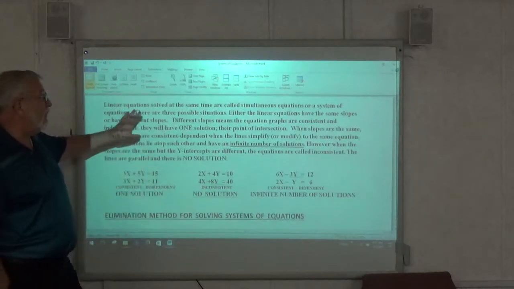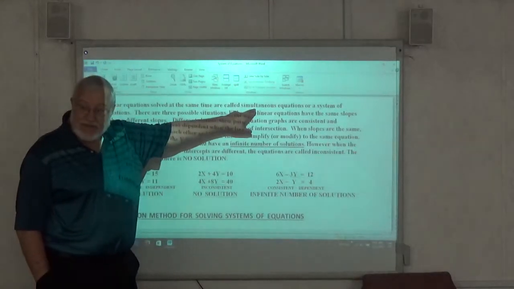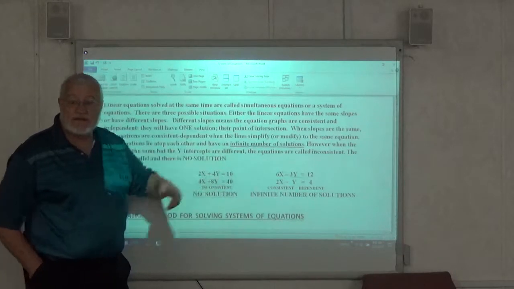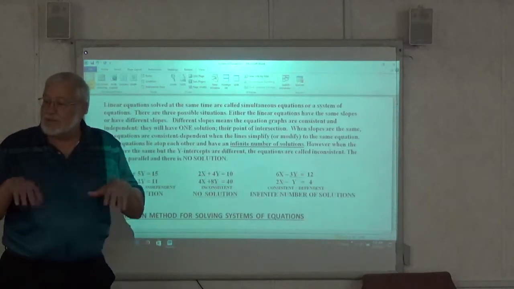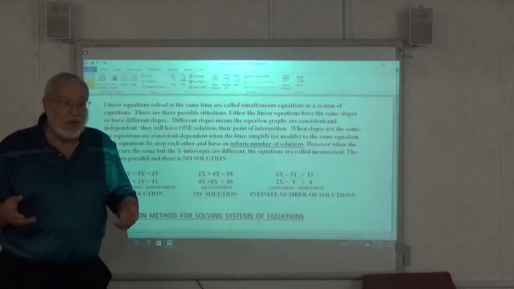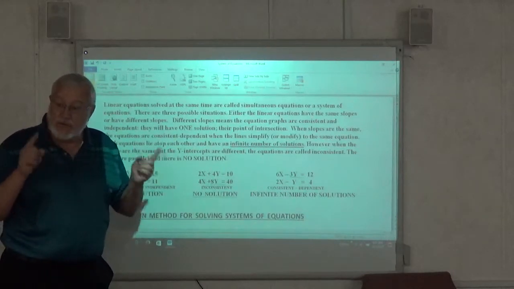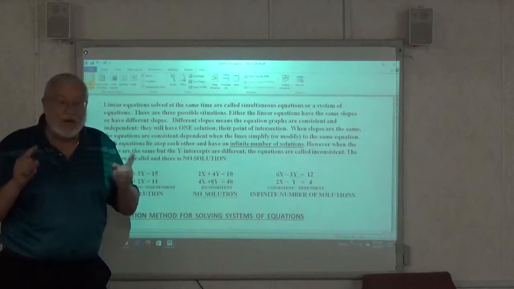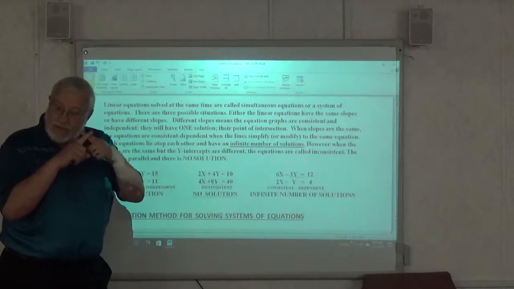Those are vocabulary words. Simultaneous means you're doing something at the same time. When you solve two linear equations at the same time, the only place where they are equal is where they cross.